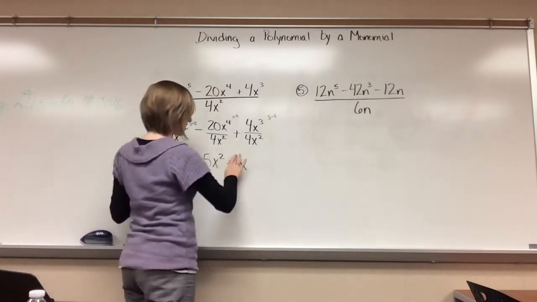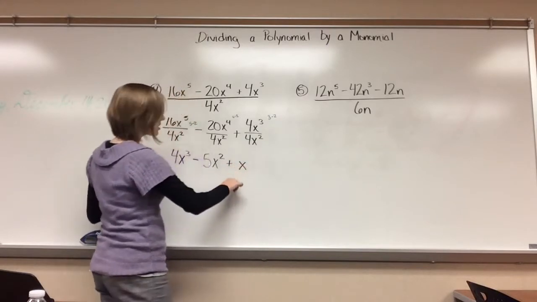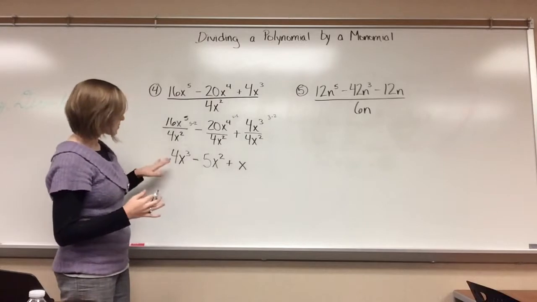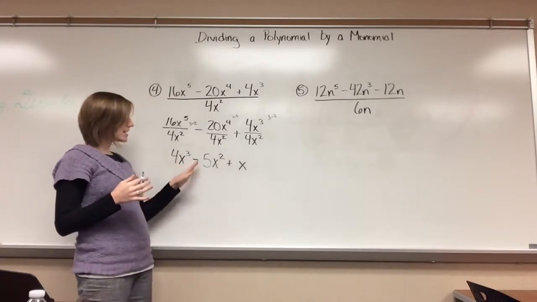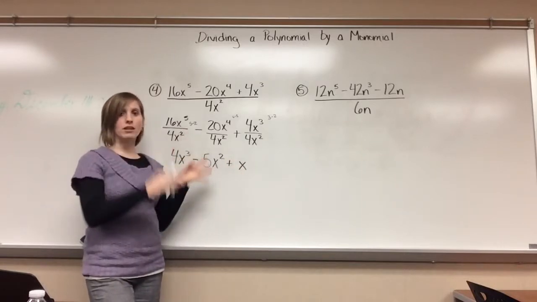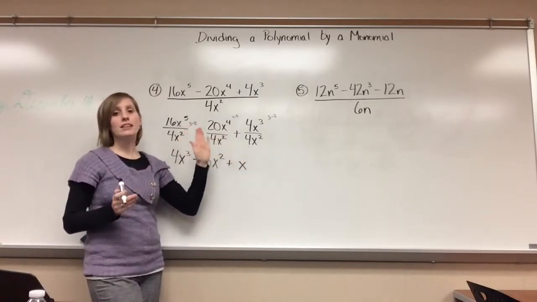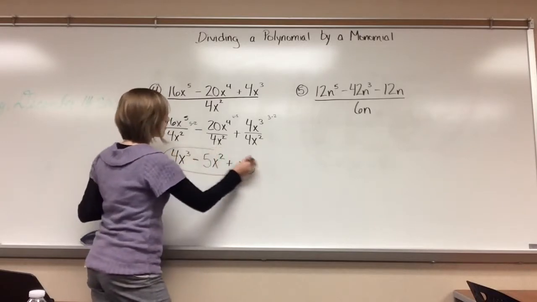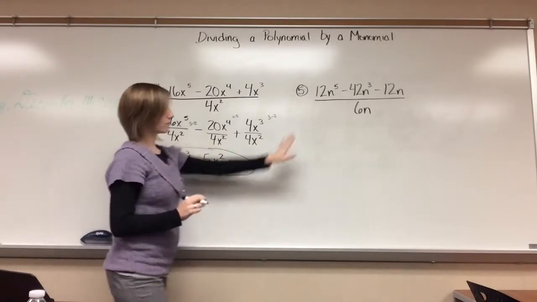So I don't need that one either. So the way that they are going to write this in simplest terms would be 4x to the 3rd minus 5x squared plus x, just x. No 1 in front, no exponent of 1. They would only write x. So this is our solution for problem number 4.